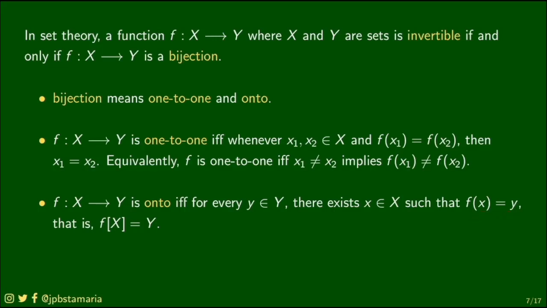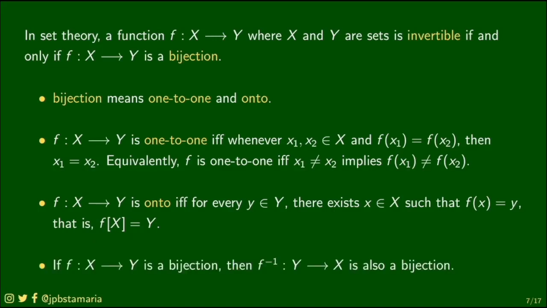Or more precisely, the direct image of X is precisely Y. Sometimes the direct image or the range is smaller than Y, but sometimes the range is equal to Y. This is the range, right? And also, you must remember that if you have a bijection f from X to Y, the inverse is also a bijection from Y to X.